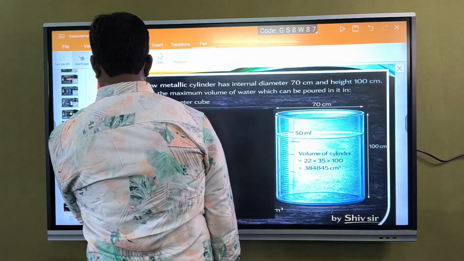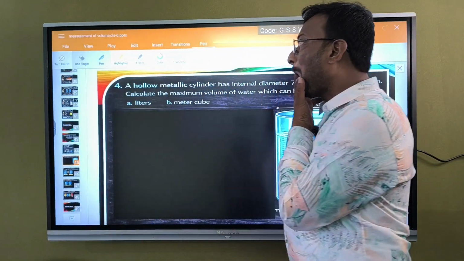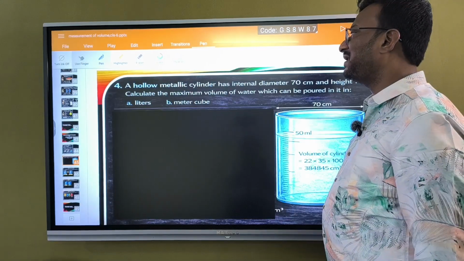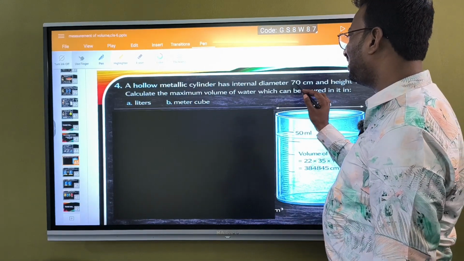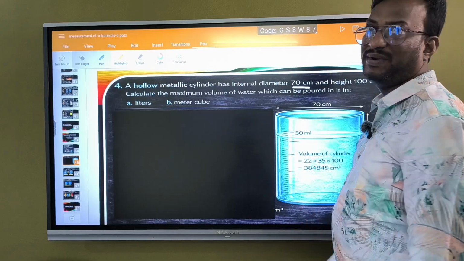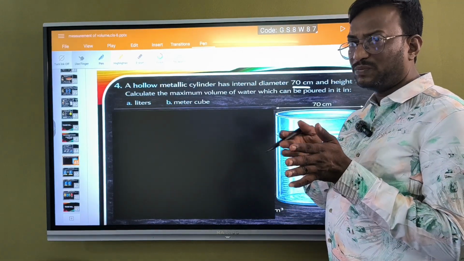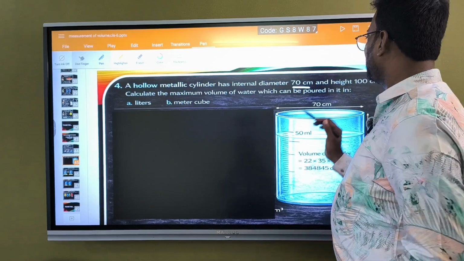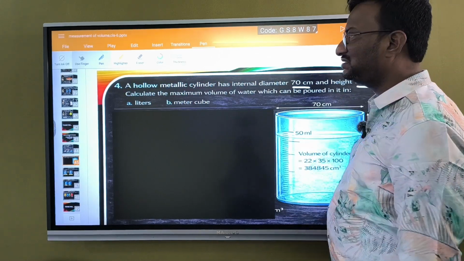Next one. Now, a hollow metallic cylinder has an internal diameter of 70 centimeters. Internal, the inside diameter, not the outside; you only have to measure the inside walls. The diameter is 70 centimeters and the height is 100 centimeters.